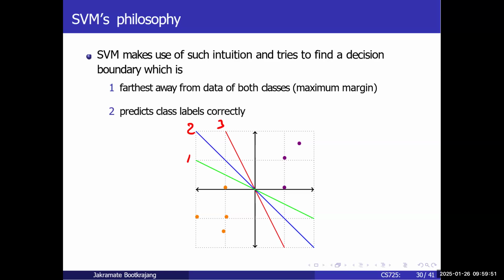When we want to consider the best, we want the line that is furthest away from the data of both classes. So what we are looking at is the margin. For the green line, the closest point is around here.